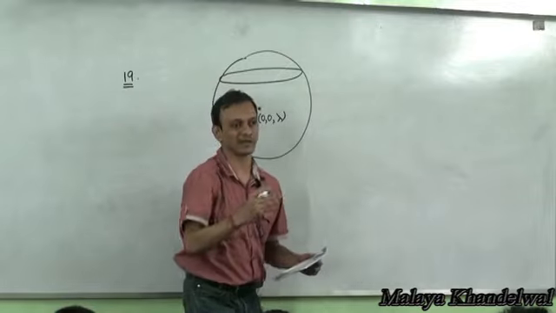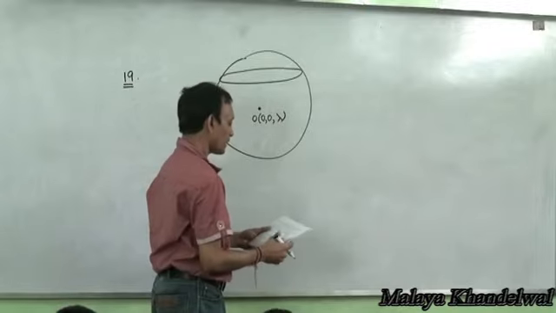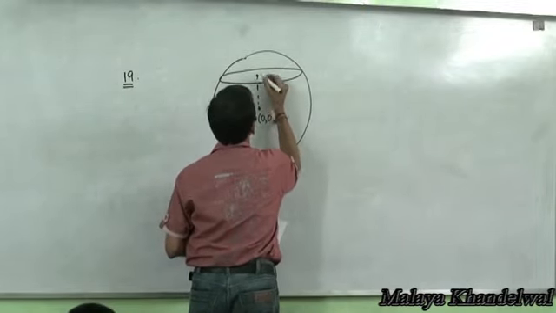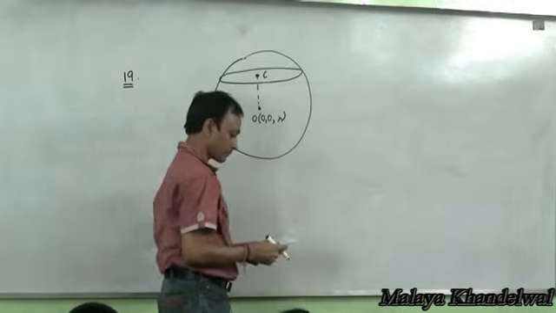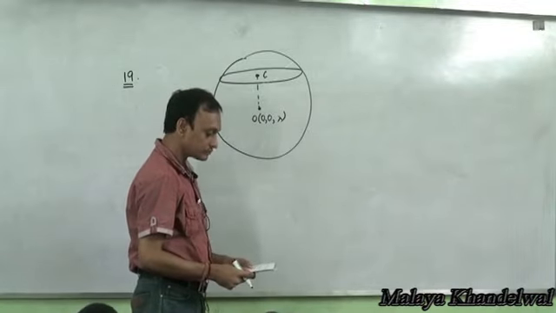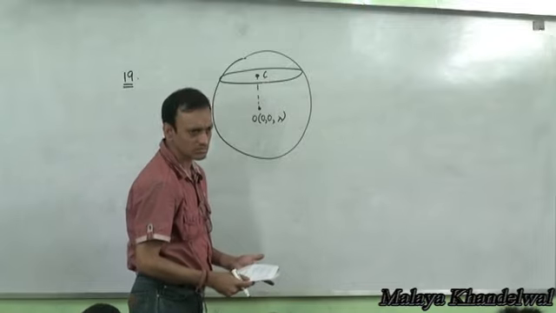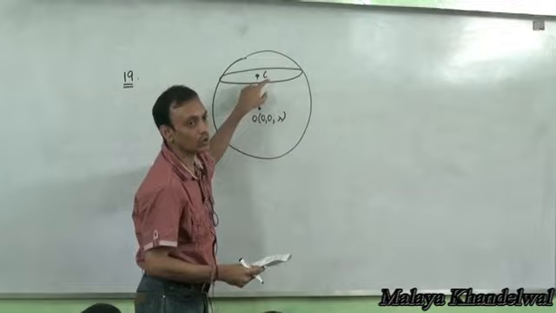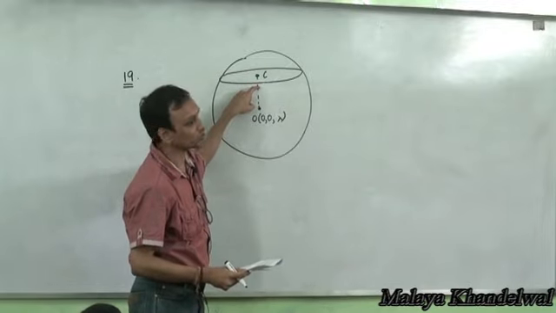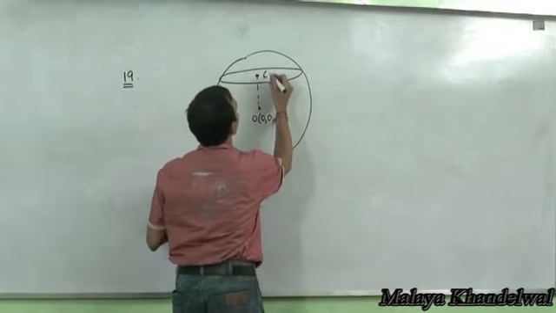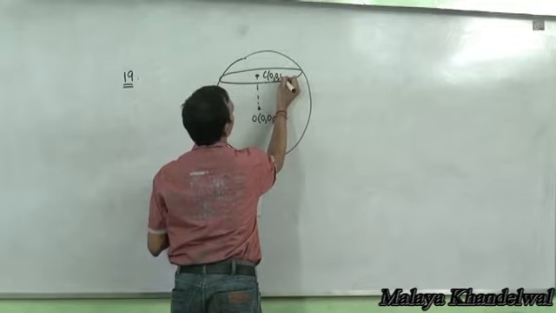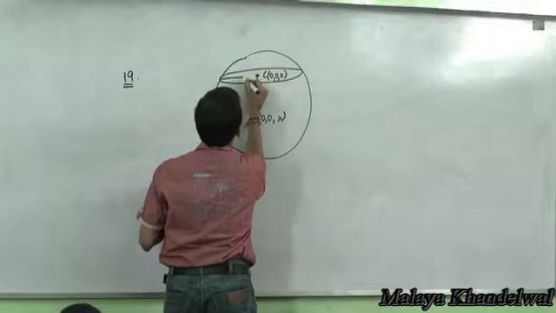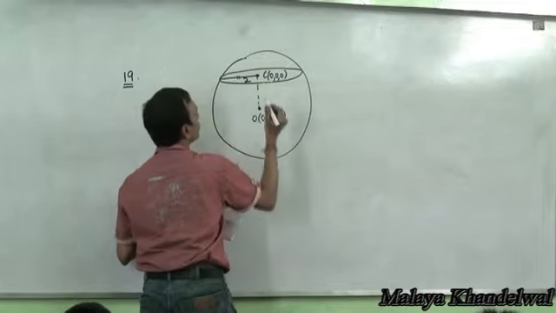Center on the positive z-axis means the center must have coordinates (0, 0, lambda), where positive z-axis means lambda has to be greater than 0, right? Z equal to 0 means the xy plane, and this circle has center C, which is (0, 0, 0), because this is x squared plus y squared equal to 4 on z equal to 0. And the radius of this is 2.